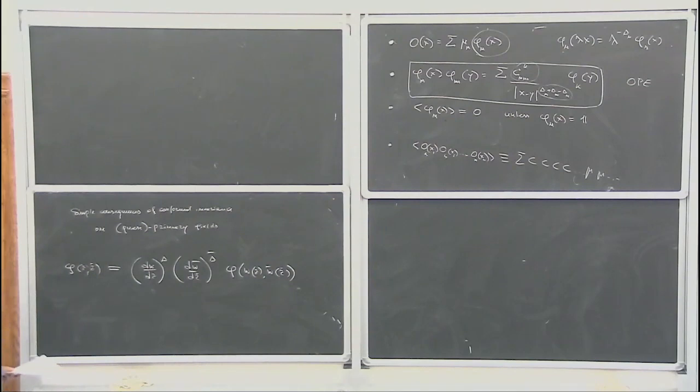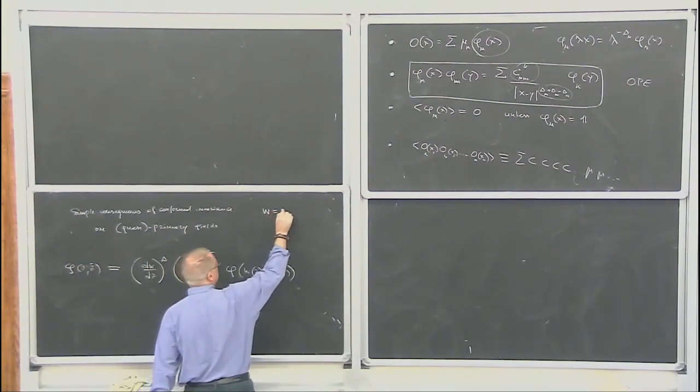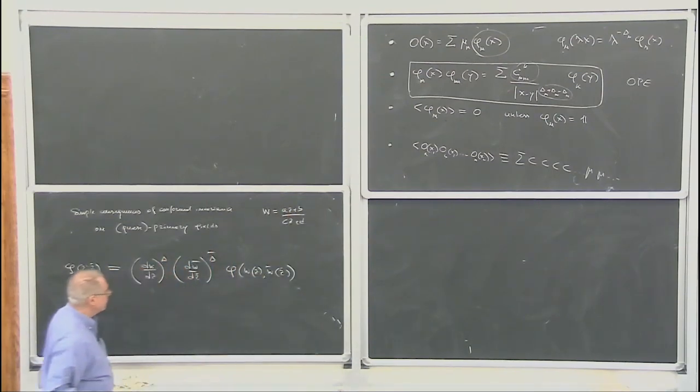under Möbius transformation. Remember, Möbius is the only symmetry of the theory, so transformation of the coordinate according to this function has to be a symmetry. The variation of the action is 0.